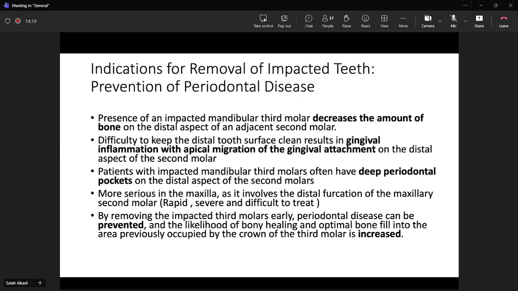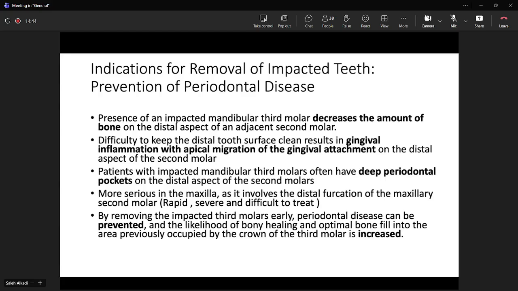The problem here will be more serious if it happens in the maxilla, as it may involve the distal furcal area of the maxillary second molar. And we know that the distal furcal area of the second maxillary molar is a bit coronal to the other furcal areas, so it's very easy to be involved in any periodontal problem.